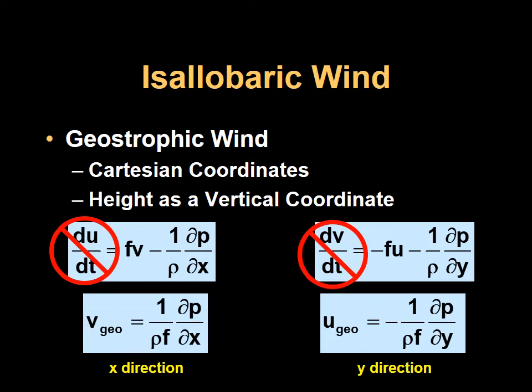So we're going to bring those terms, the fv and the fu, over to the other side, and then divide both equations by f, which gives us the geostrophic wind. And we've done this before. You've seen this in our derivation for the geostrophic wind. So this is just what the geostrophic wind looks like.